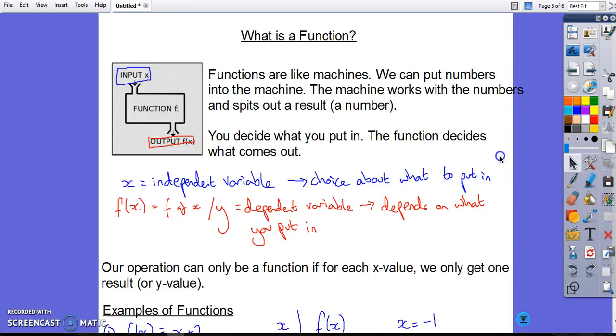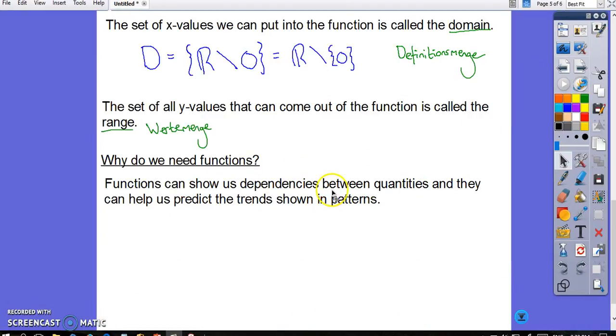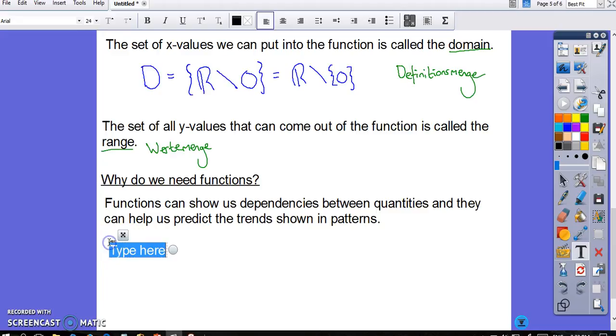So we had down here that functions can show us dependencies between quantities, and that's definitely true. And they can help us predict the trends shown in patterns. Absolutely.